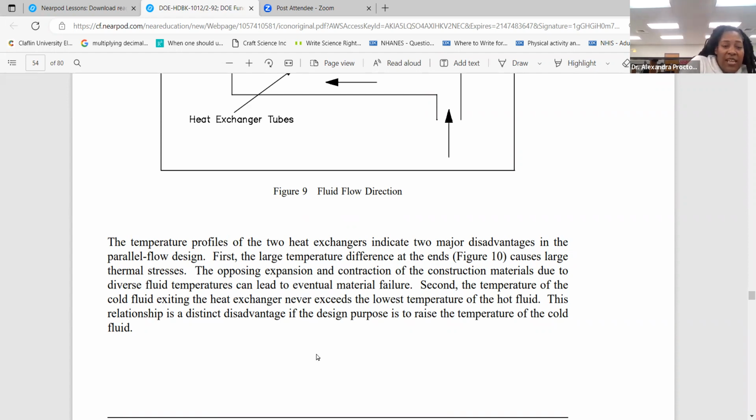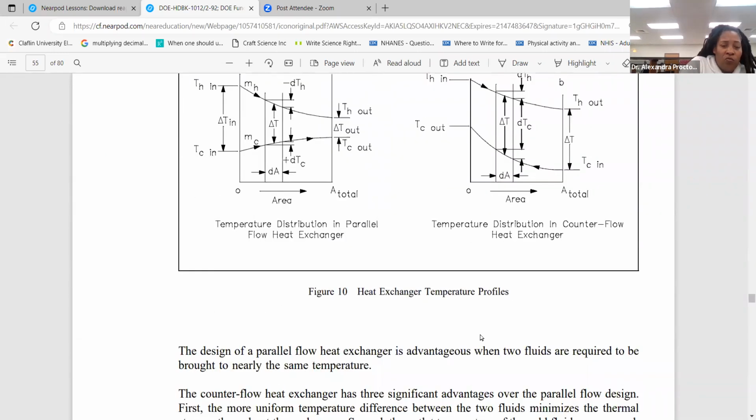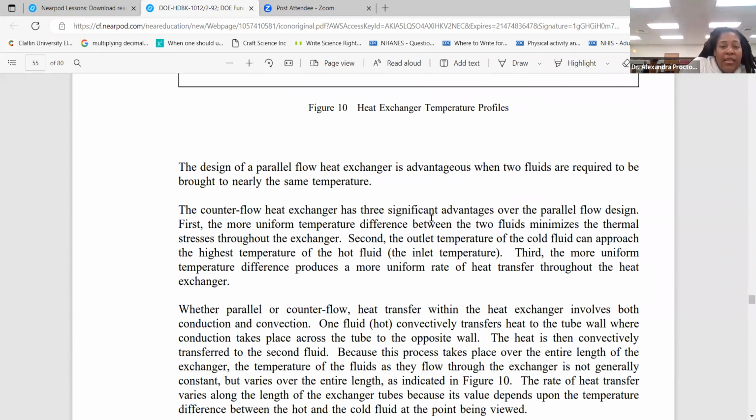This relationship is a distinct disadvantage if the design's purpose is to raise the temperature of the cold fluid. The design of the parallel flow exchanger is advantageous where the two fluids are required to be brought to nearly the same temperature.